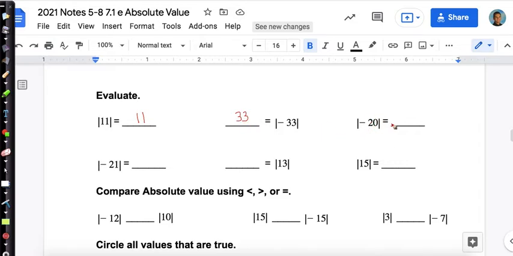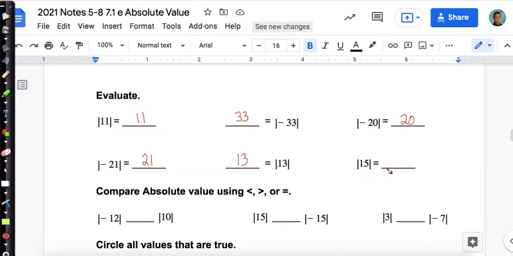The absolute value of negative 20 is positive 20 because it's 20 spaces away from 0. The absolute value of negative 21 is positive 21 because it's 21 spaces away from 0. The absolute value of 13 is 13 because it's 13 spaces away from 0.